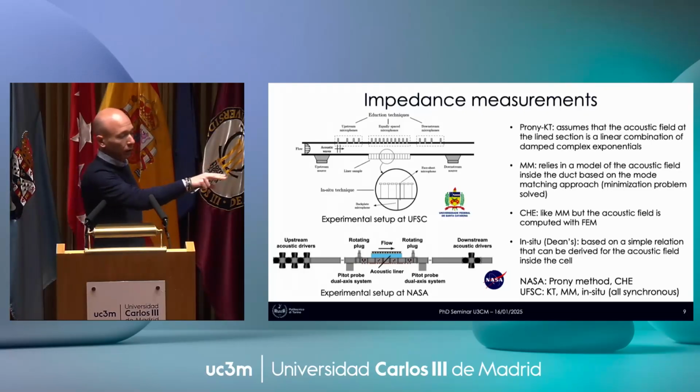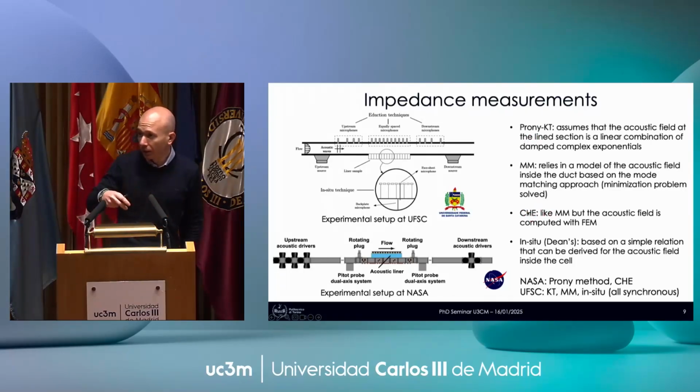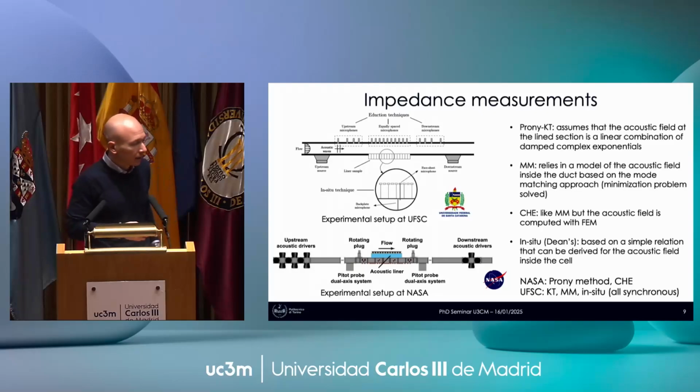This was done synchronously in Brazil. At NASA, we had only microphones upstream and downstream, in front of the liner, and then we used a similar technique, what we call PRONI, that is called CHA in the NASA facility. Then we exchanged data such to be sure that also the processing technique was not affecting the results.